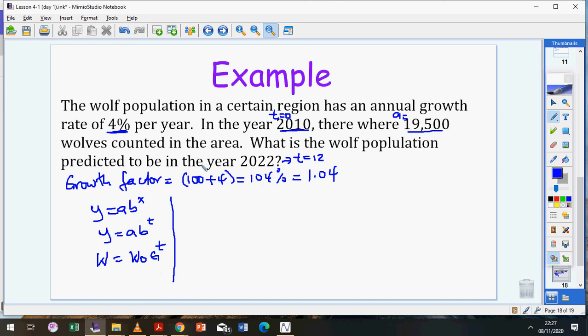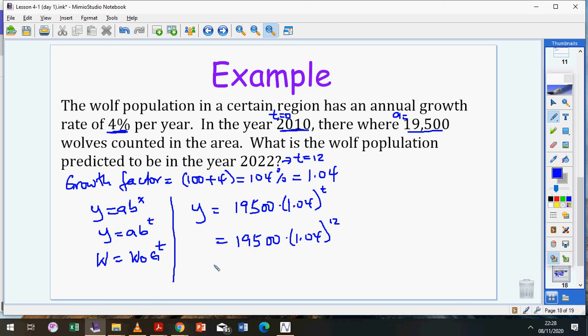But your equation is going to be y is equal to A, which is 19,500, times B, which, do we know B? Yes, B is the growth factor and it is 1.04 to the power of t. And if I want to find out the wolf population in the year 2022, I just need to substitute for t as 12. So that's 19,500 times 1.04 to the power 12.